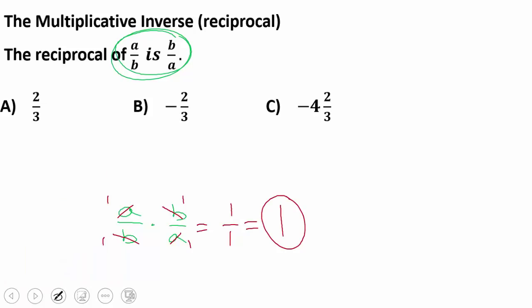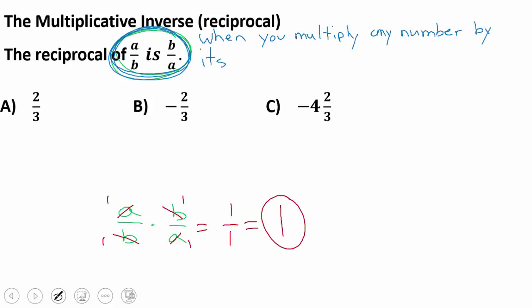You might want to write this in that little space: the reciprocal of A over B is B over A. And then write these words. When you multiply any number, it can be a fraction, it can be a decimal, it can be anything, any number by its inverse, that's also the reciprocal, the product is 1.